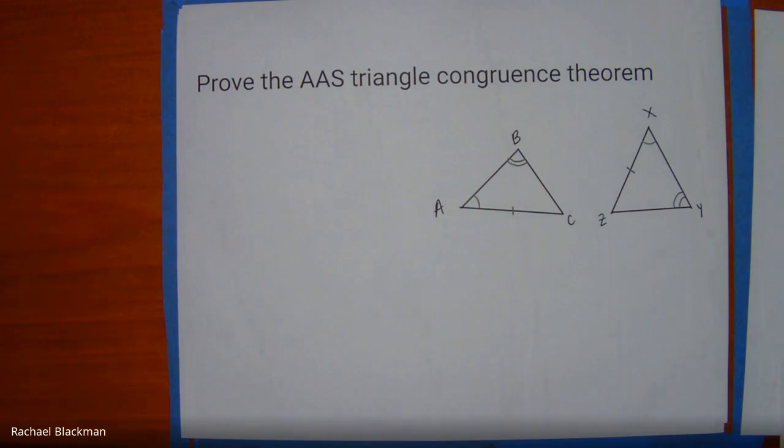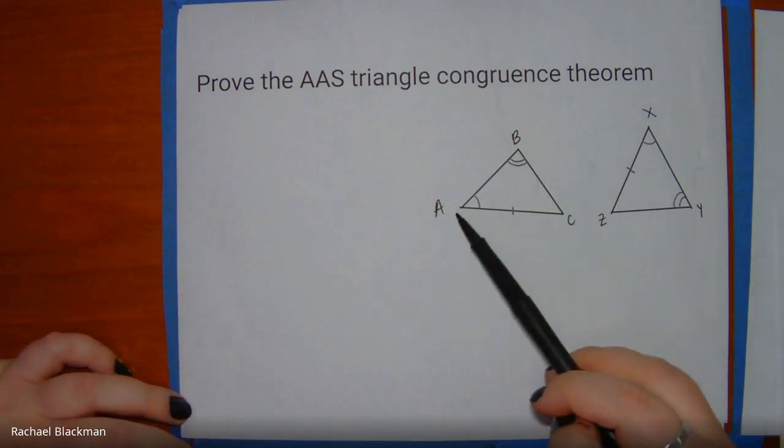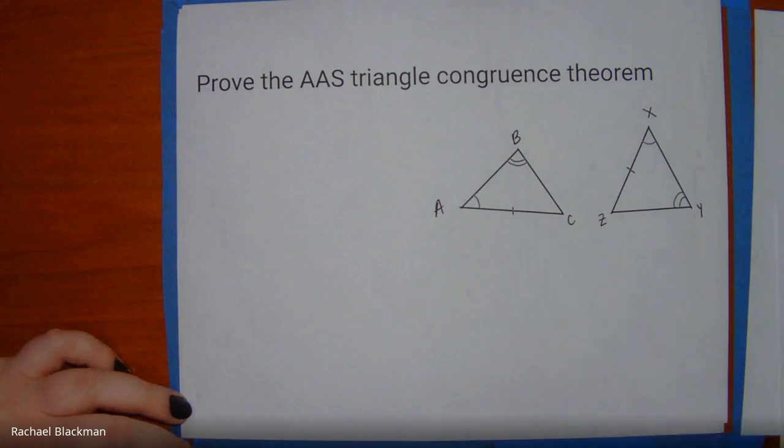So hopefully you left some space underneath that definition. Go ahead and set up statements and reasoning. And maybe give yourself two triangles. I've got two triangles here. Triangle ABC. I've got triangle XYZ.